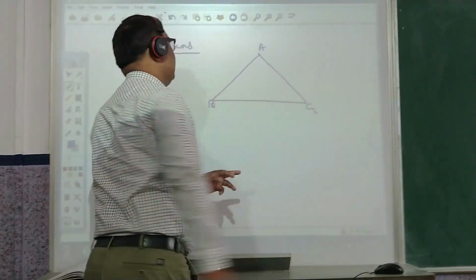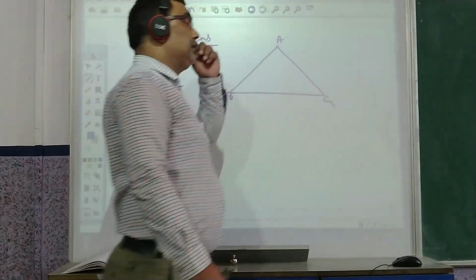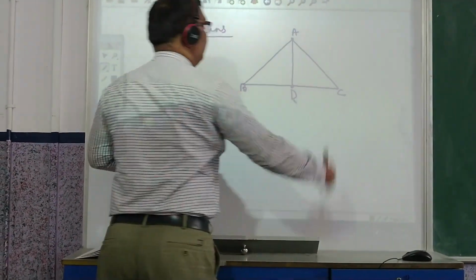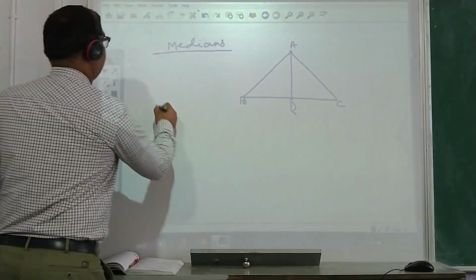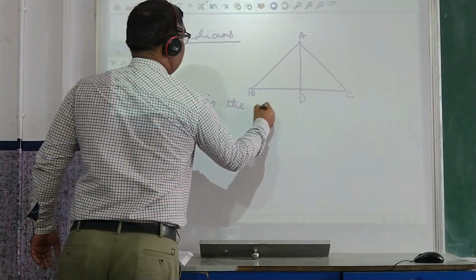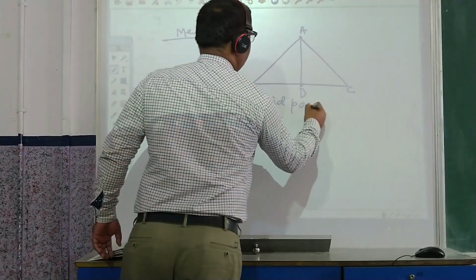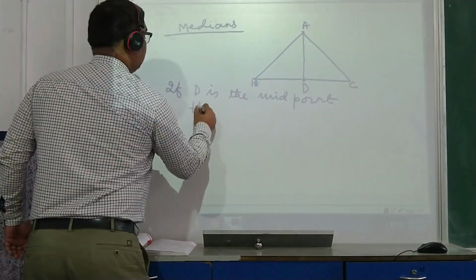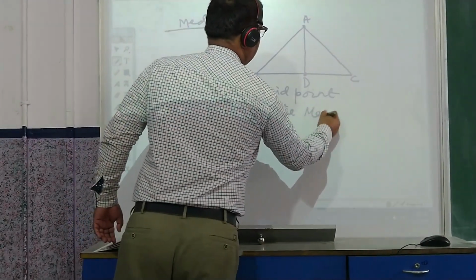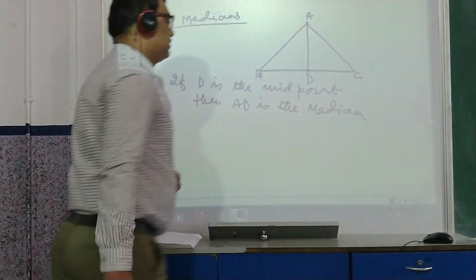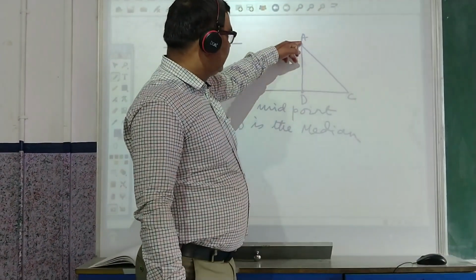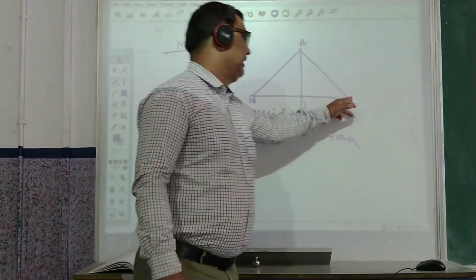Suppose we are going to find the median against this A. If D is the midpoint, then AD is the median, from the opposite vertex A to the midpoint of that side.